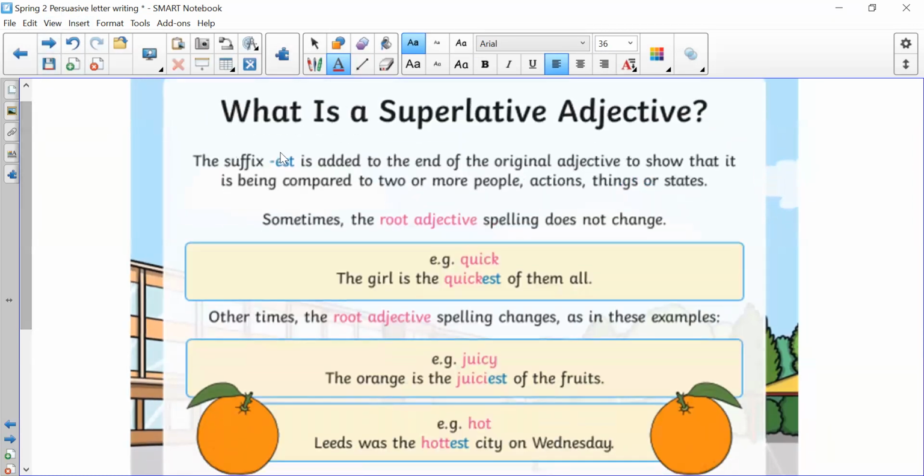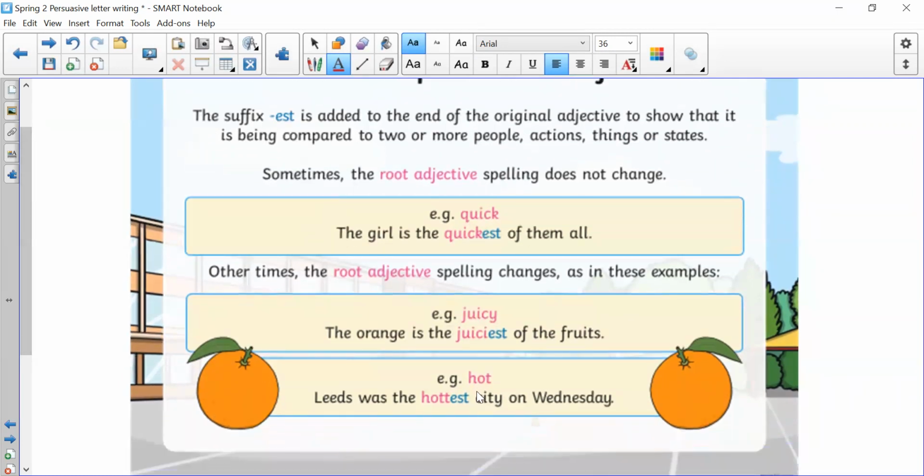The suffix -est is added to the end of the original adjective to show that it is being compared to two or more people, actions, things, or states. And again, sometimes the root adjective spelling does not change, e.g., quick becomes quickest, other times it does. So juicy becomes juiciest, and hot, the T is doubled.